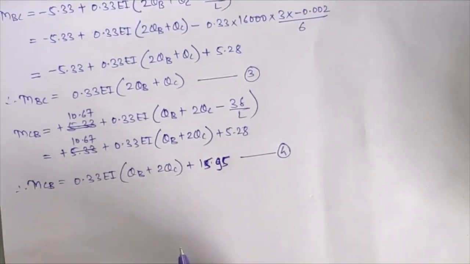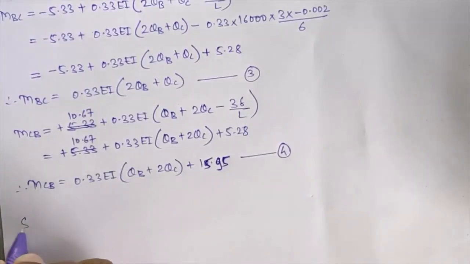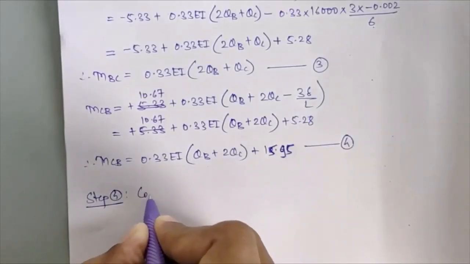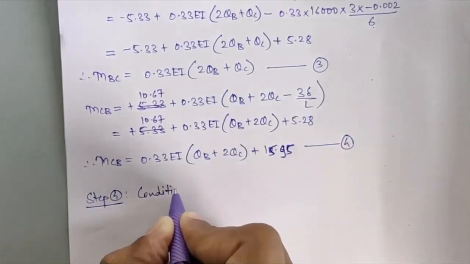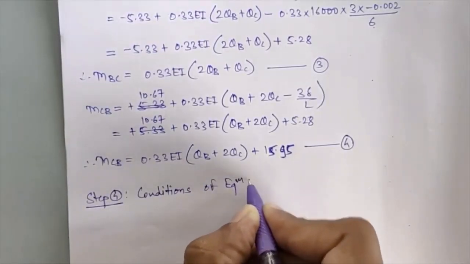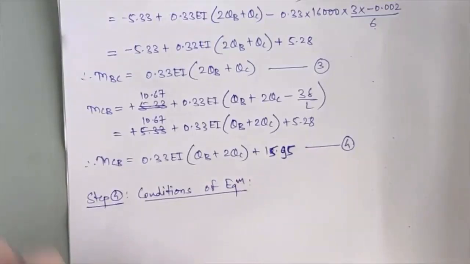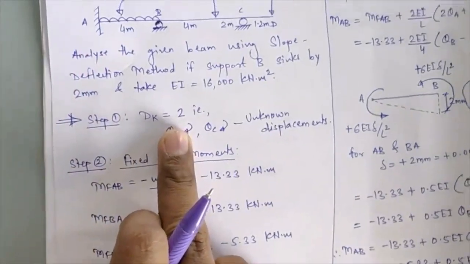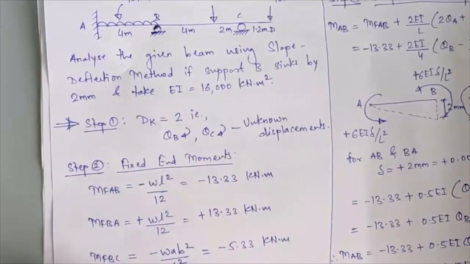Okay, now we will move to our next step, that is step number 4. All our equations are completed over here, so we will move to the next step, that is your conditions of equilibrium. For conditions of equilibrium, I have told you in the previous lecture that the value of dk equal to 2, that many number of conditions you have to consider.